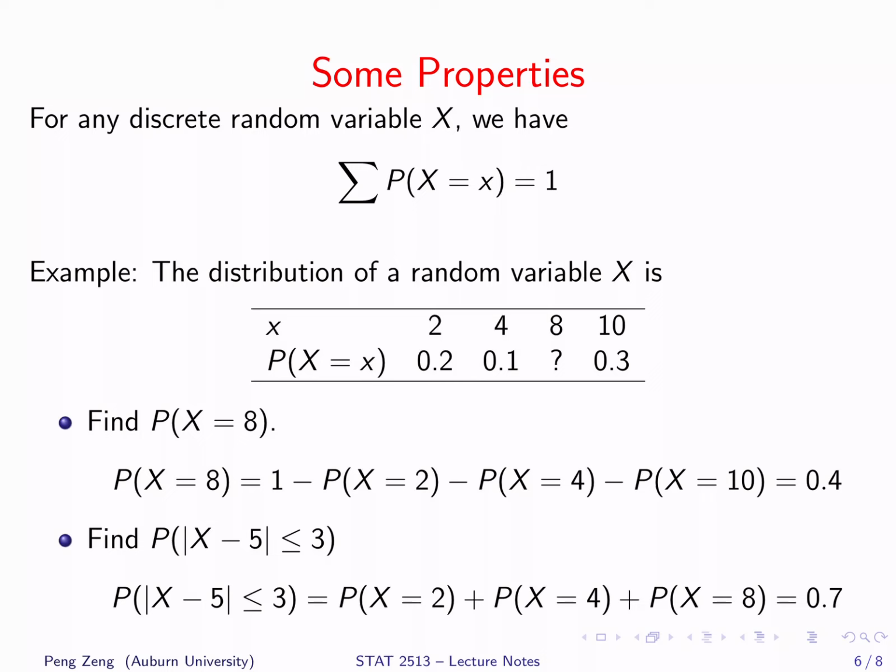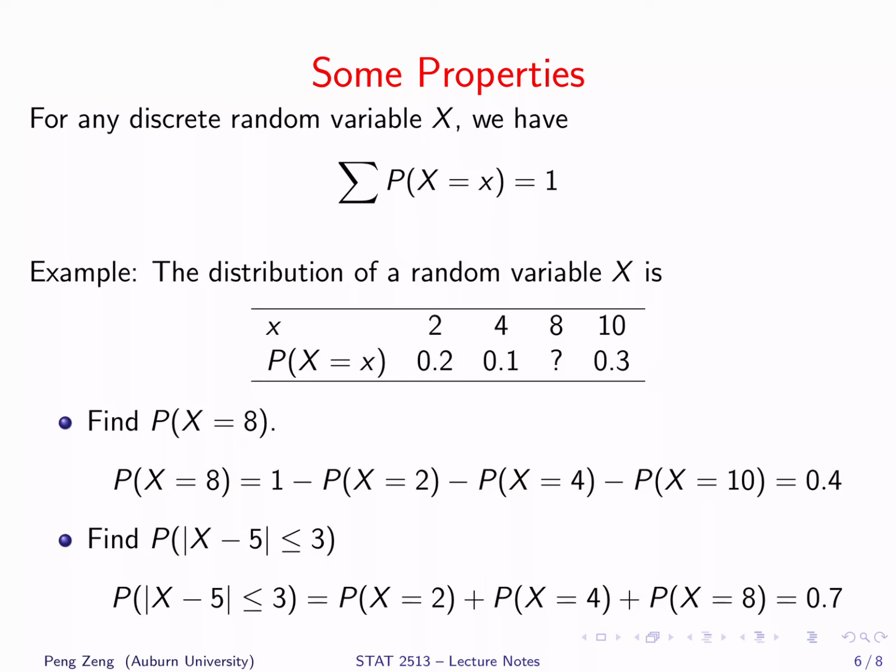If we want to calculate a probability involving a discrete random variable, we need first to identify which possible outcomes are included in the event. Then add the corresponding probabilities together. For example, what is the probability that the absolute value of X minus 5 is less than or equal to 3? We first need to find which values of X satisfy this inequality. Notice that X has only 4 possible values.